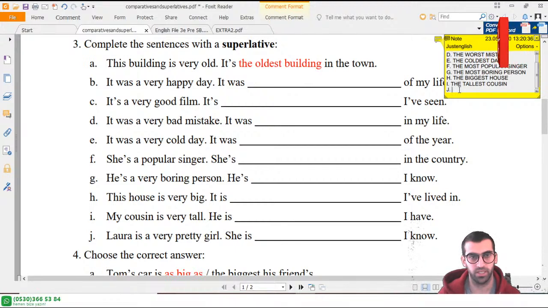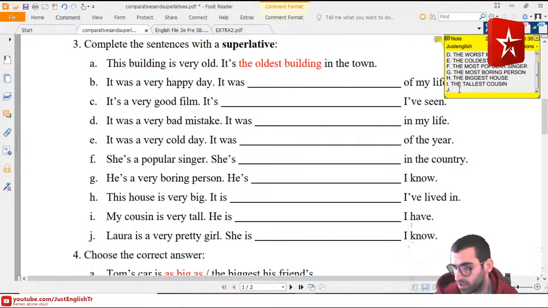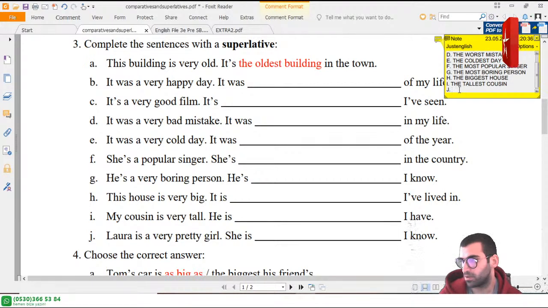And let me continue with J. Lara is a very pretty girl. She is the prettiest. Okay, let me check your answers. Are they correct or not?